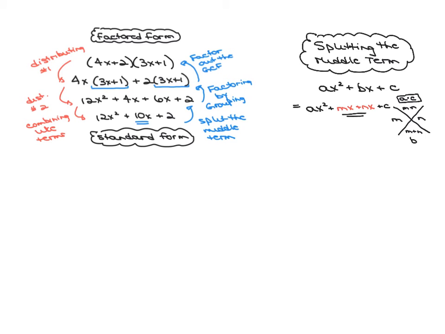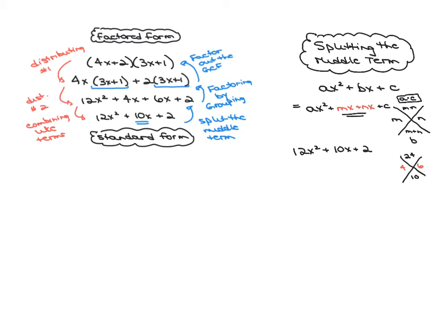All right, let's look at an example to help see how this works. We'll go back to our original example, 12x squared plus 10x plus 2. Now we're looking for two numbers who add together to 10 and multiply together to be the product of 12 times 2, or 24. And those two numbers are 4 and 6.